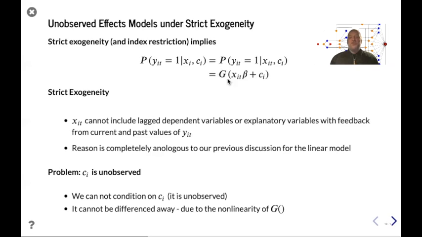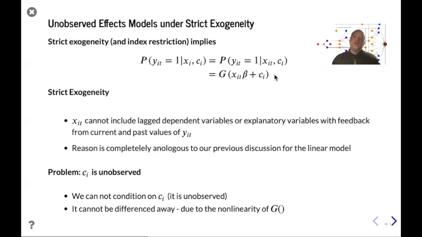The functional form for G is assumed to be known, so we know the parametric form for this. If it's a probit, it's the CDF of a standard normal and can be motivated by the latent variable model, where you would have a latent variable that would be x_it beta plus c_i plus another random component, say epsilon_it, that would be normally distributed.